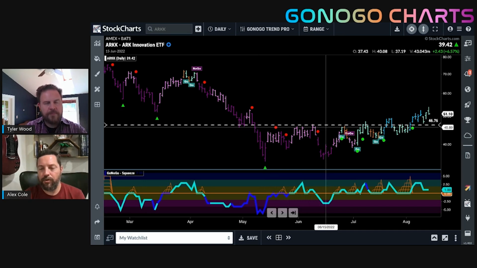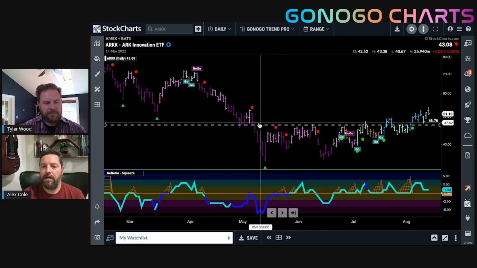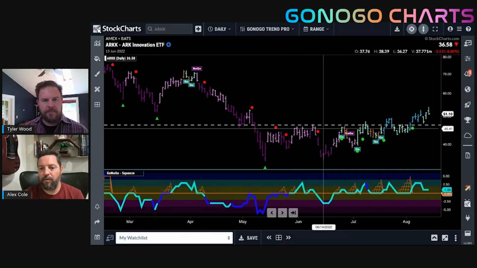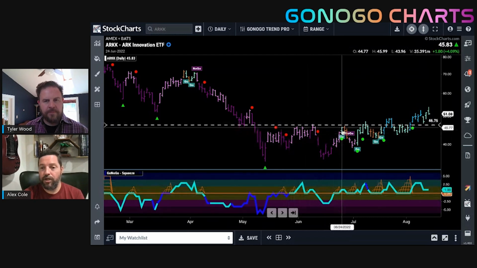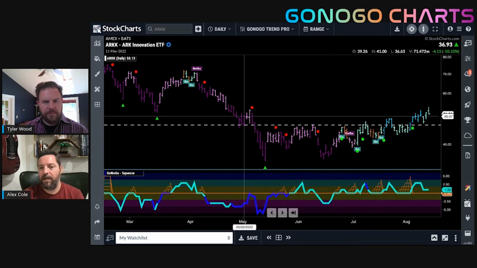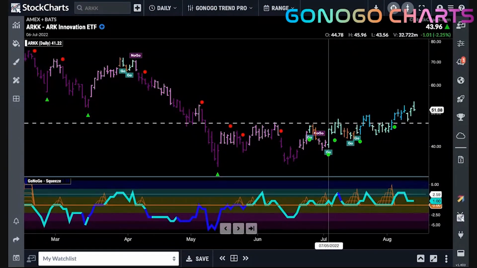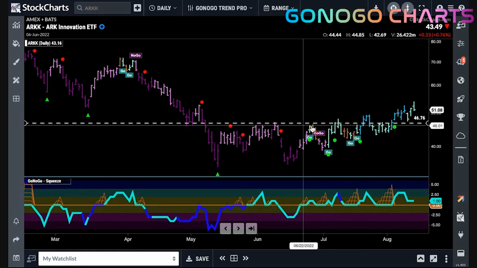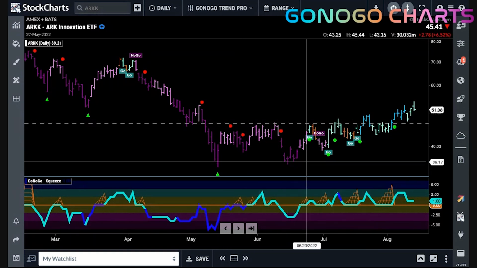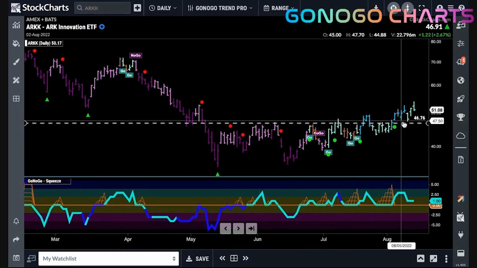With GoNoGo charts, it's very simple to see certain things as well. In the right half of a pattern, we like to first see the oscillator break to the other side. Then we like to see struggles to continue to paint the colors of the trend that it was in. And then as we start to find support on the right side and the GoNoGo trend color changes, you see how that flows through this ascending triangle pattern. And now we see the break above resistance.